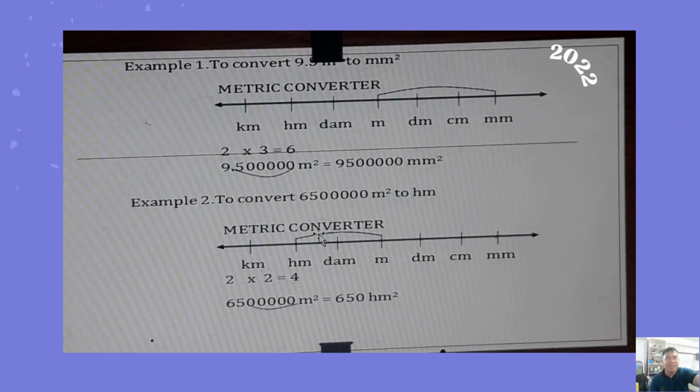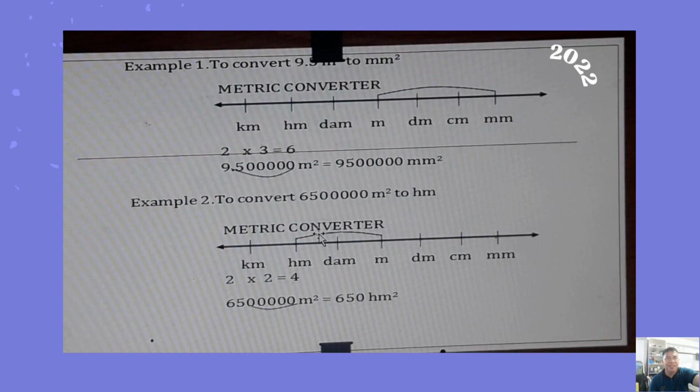In this case, we are moving from 9.5 6 times to the left, so we are adding around 5 zeros, so that the corresponding value in the given is equivalent to 9,500,000 millimeters squared.